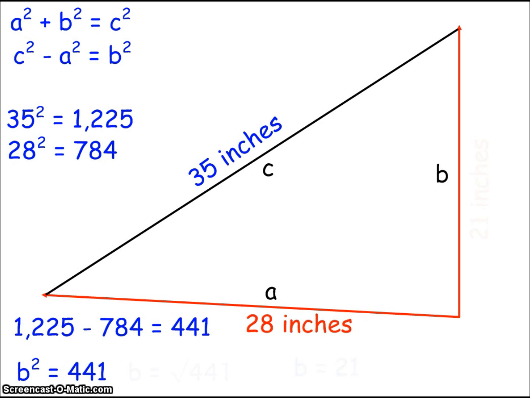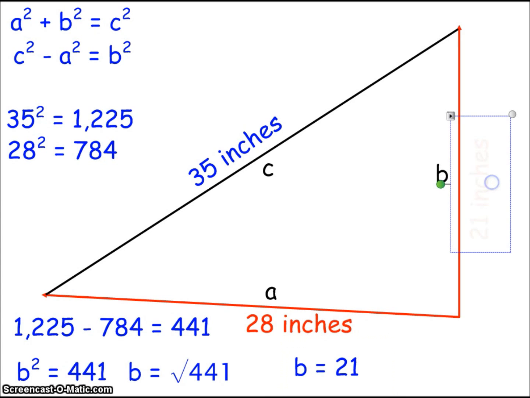Remember, we've only found b squared so far, and having a TV that was 441 inches tall would mean your screen would be higher than 2 floors in your house, which is a tad unrealistic. So we must remember to square root our b squared to find the length of our side b. The square root of 441 is 21, so our missing side is 21 inches.